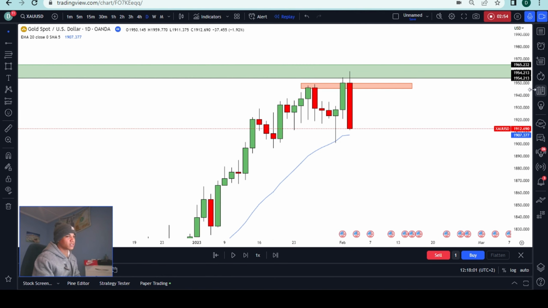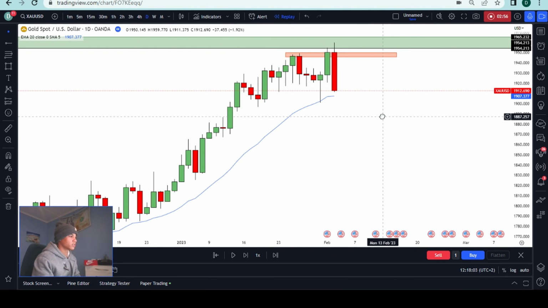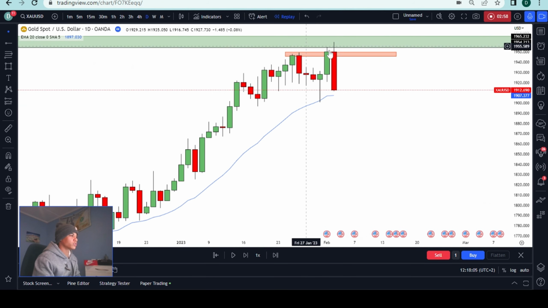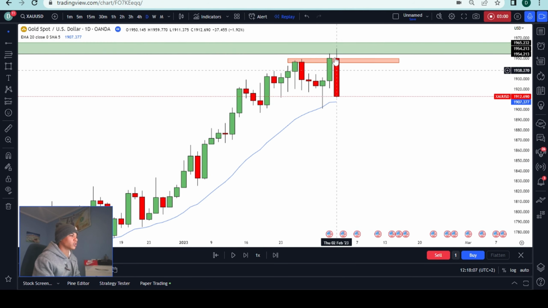So that's important, guys, that price closes inside that box, because we don't want price to close above this box, otherwise it would have been a continuation of an uptrend. But right now we can see that our entry is the first red candle after first contact with the box.